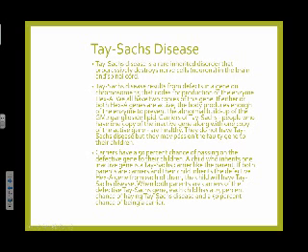All right, and the last one we're going to look at is called Tay-Sachs disease. Tay-Sachs is a rare inherited disorder that progressively destroys nerve cells in the brain and spinal cord. Tay-Sachs disease results in a deficit in the gene on chromosome 15, which codes for production of the enzyme Hex-A. So this is not a sex-linked disorder.